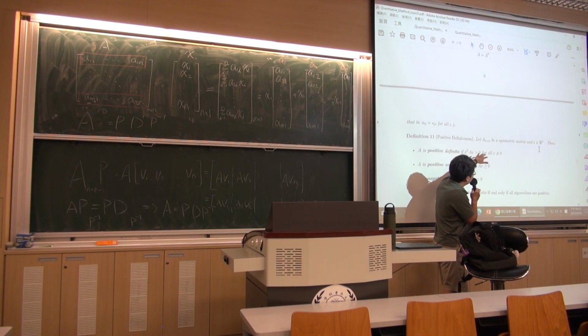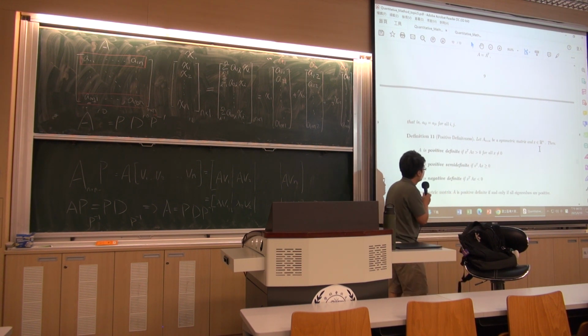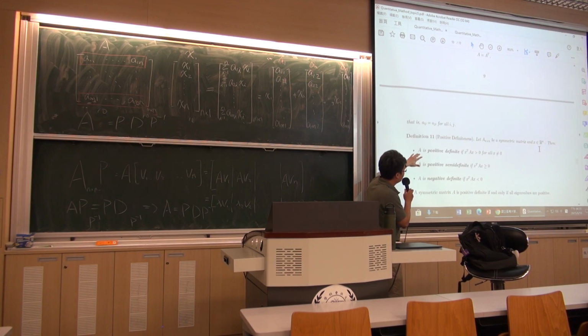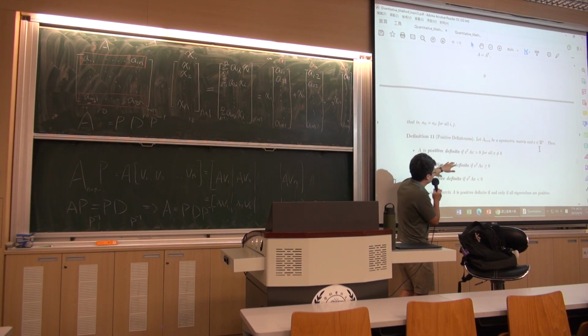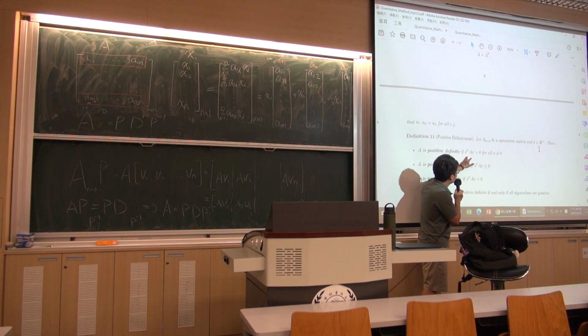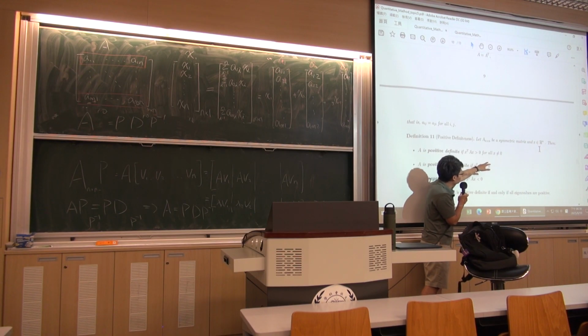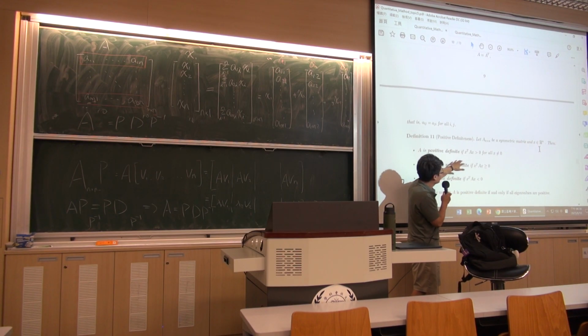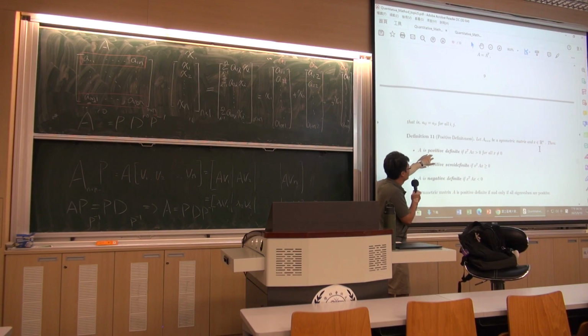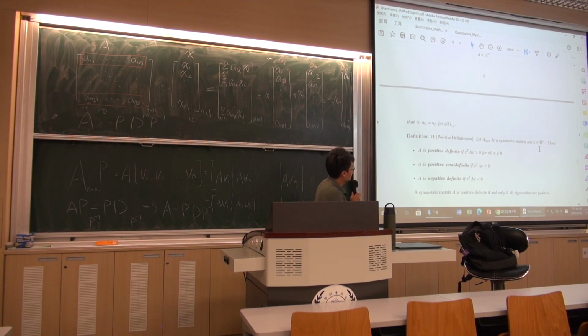If we have a symmetric matrix A and a random vector x in Rn, and the matrix A satisfies the condition that no matter what x you put in, as long as it's not 0, you get a positive number in the end, then the matrix A is called positive definite.